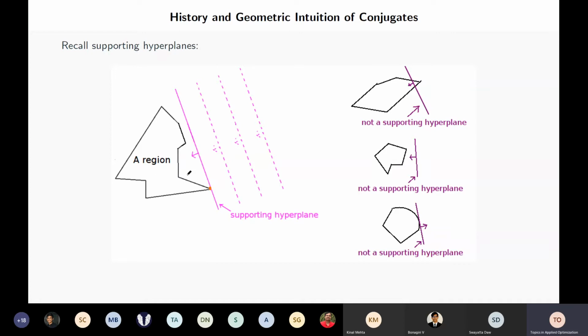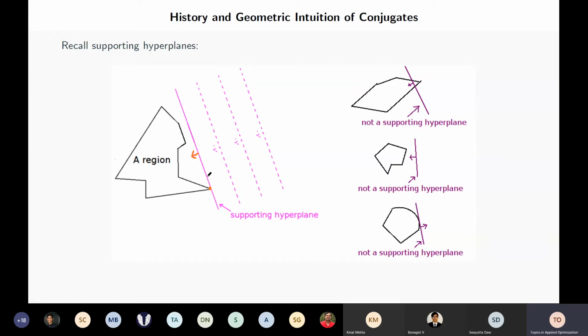A supporting hyperplane could be defined for any arbitrary set, obviously, but the restriction was that the whole region must be on one side of the supporting hyperplane, in other words, along the normal. So the body of your convex set should be on the side of the normal of your supporting hyperplane. That is how it is defined.